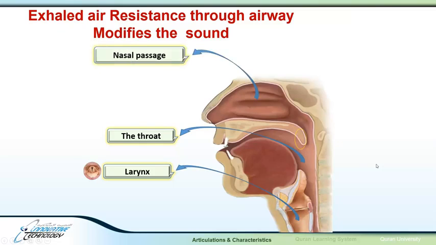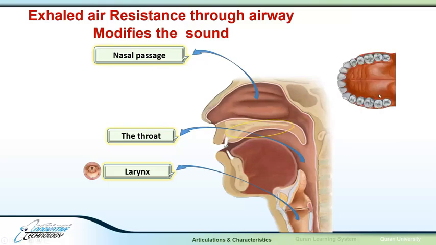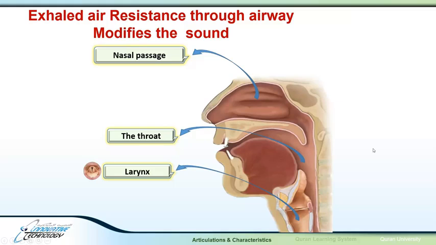While most of the air passes through the oral cavity, first it is obstructed by the uvula, then comes the hard palate obstruction, and the major player in such obstruction would be the tongue, and also the teeth, which could obstruct at the front or the sides, and the final obstruction comes from the lips.